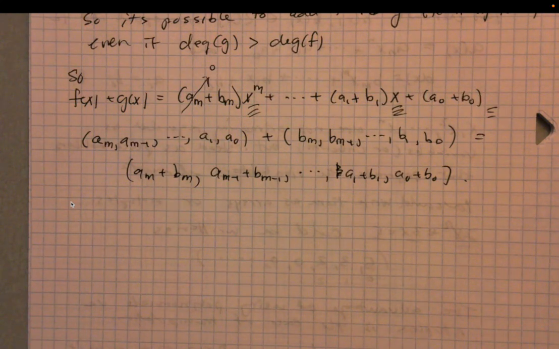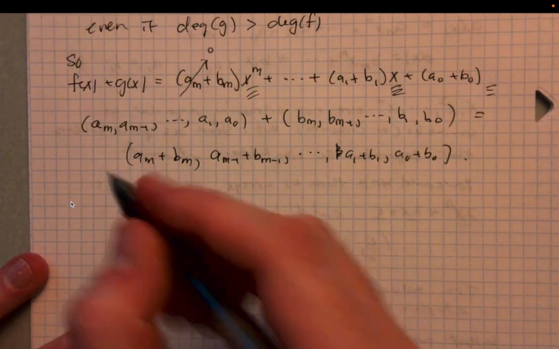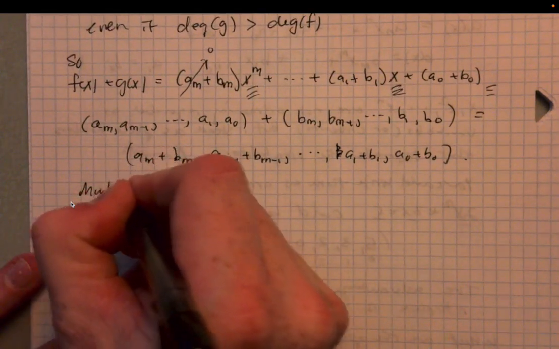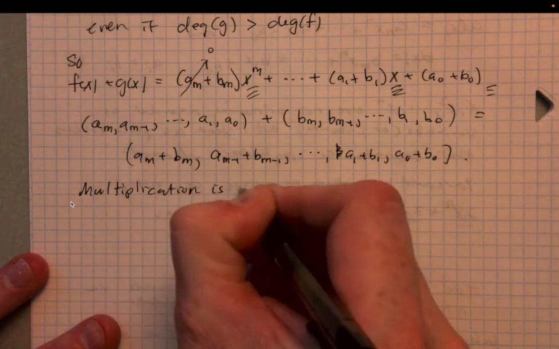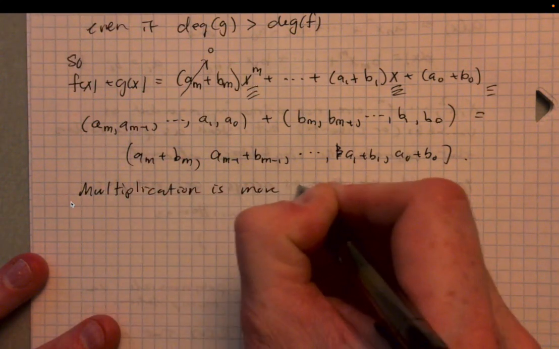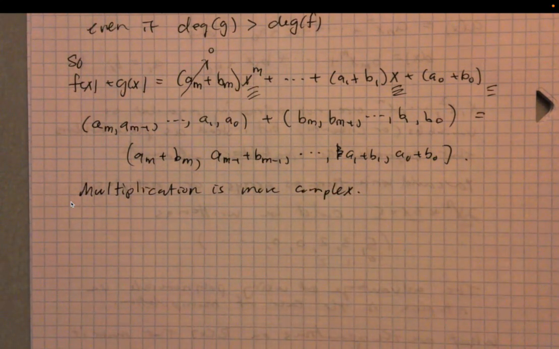Now, addition is straightforward. We've all seen this. This is not a problem. Multiplication is somewhat more complex. It can be, just because it's more tedious as an operation.